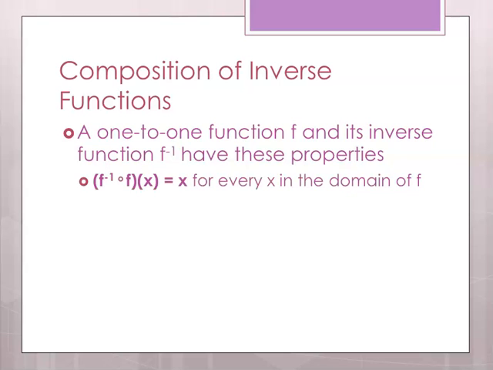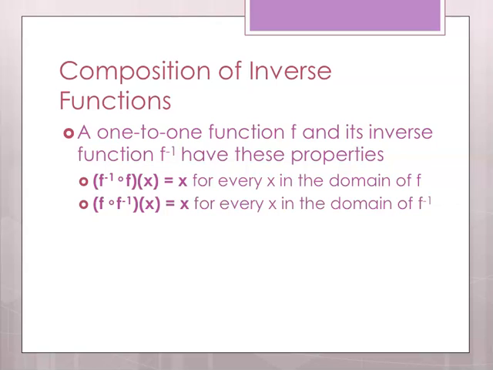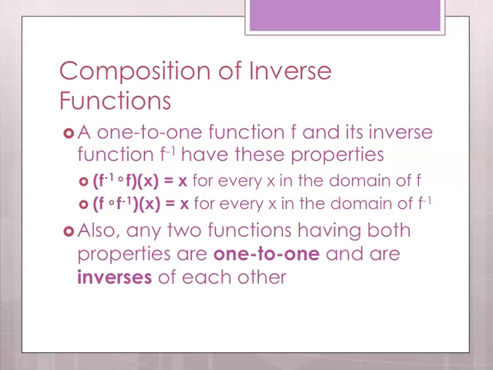If you do it the other way, f composed with f inverse of x, it will also equal x for every x in the domain of f inverse. So if you are able to show that both of these are true, then you can say that those two functions are one-to-one and are inverses of each other.